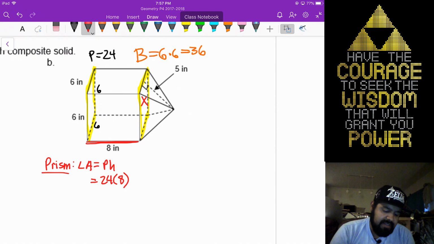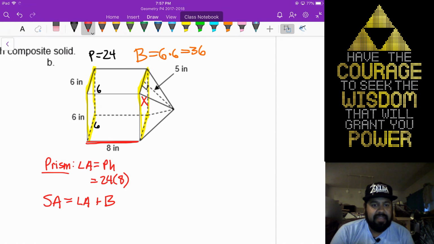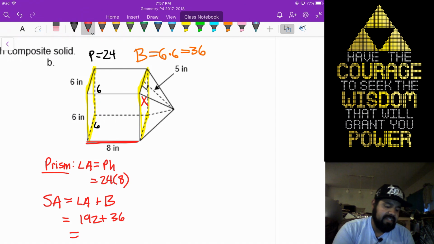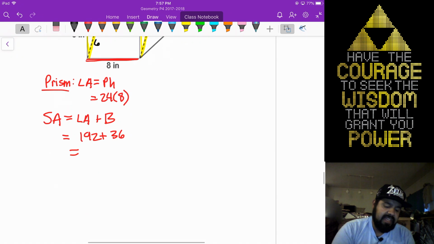You're going to type that in your calculator, Adam. My surface area is going to equal my lateral area plus 1 base, because the other base is covered. Once Adam tells me that answer, we'll be able to proceed on with getting the surface area for the left side. My boy, 192. Then Adam, go ahead and do 192 plus 36 and tell me what that gets you.